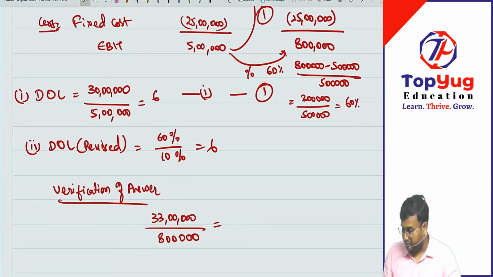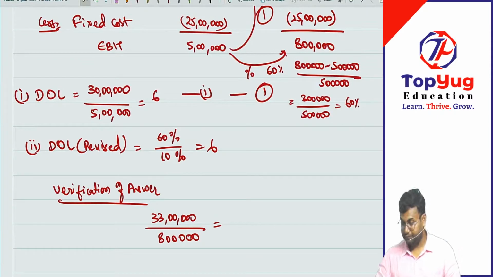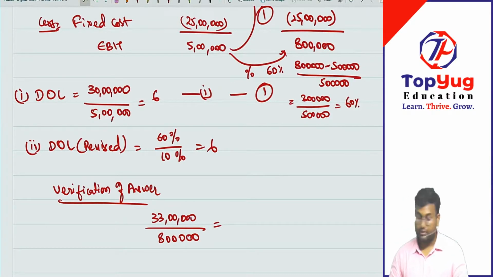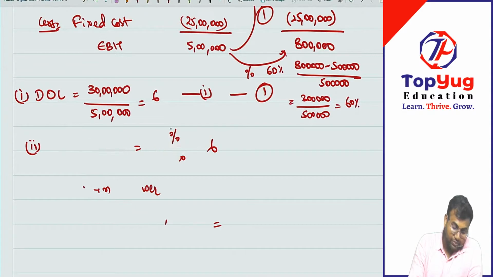Did I do something wrong somewhere? We already have answers written. Acha, he is not asking us to calculate the DOL. Sorry, he is asking us only to calculate EBIT.